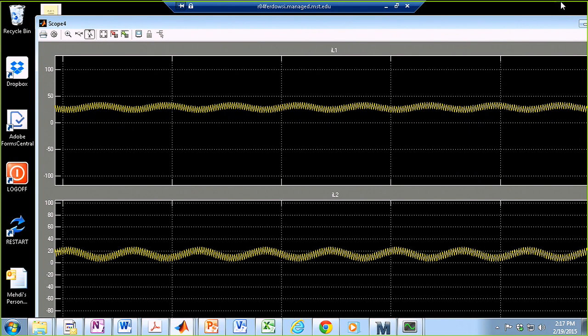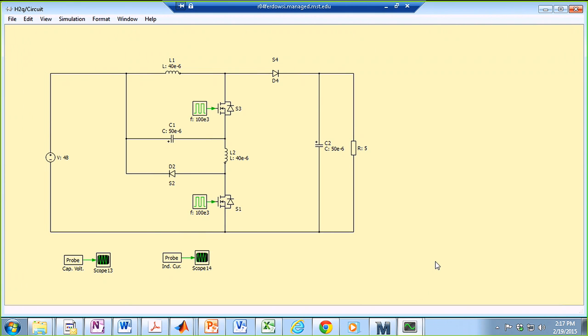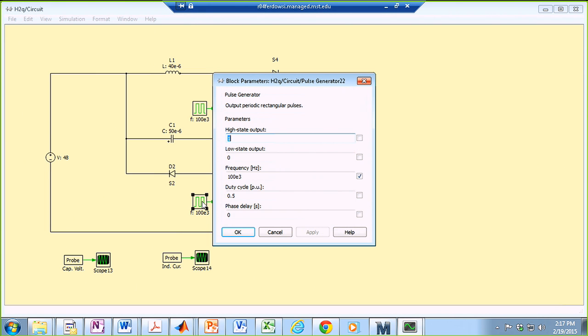Oops, let me close anything. All right, similar to what I had on the screen earlier, S1 is a transistor, S2 is a diode, S3 is another transistor, and S4 turns out to be a diode. As far as the gate signals are concerned, I am applying a 50% duty cycle.